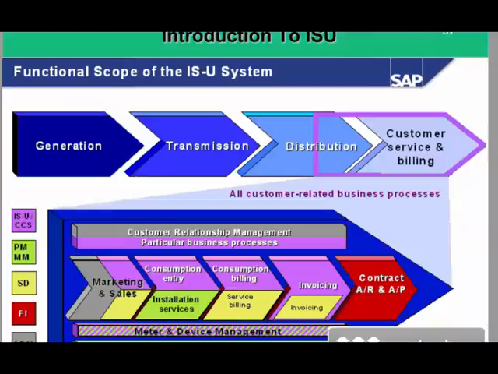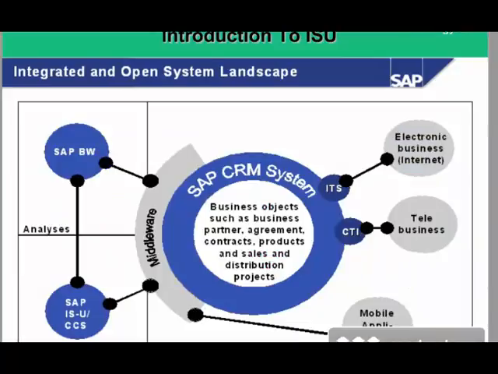This particular picture is giving the linking of the SAP ISU system with the standard SAP R3 modules. This is an integrated and open system landscape. So there is the SAP CRM system, which stores the business objects such as business partner, agreement, contract, product, sales and distribution project.